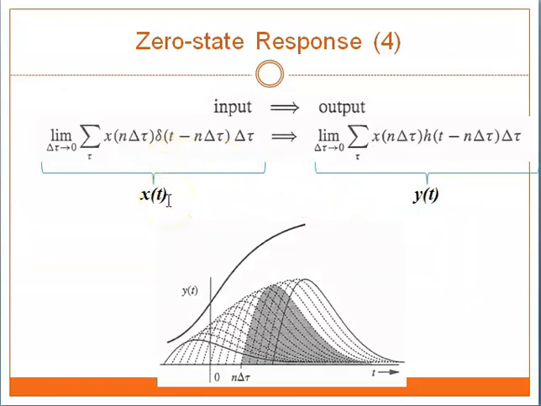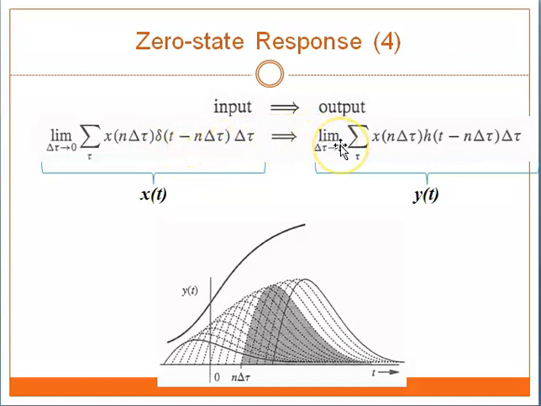This is the general equation of the input and output of the impulse. So you have an impulse over here, which is at n delta tau, that is the incoming signal, times the impulse occurring at t minus n delta tau.